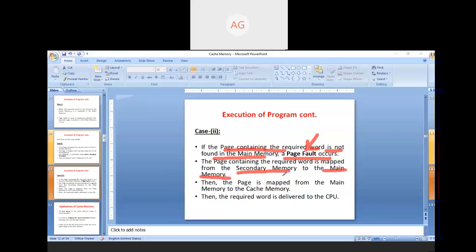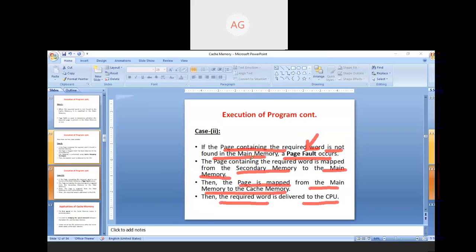If it is found in level 3, then it returns to the CPU for execution, and if it is not found in level 3, then we move to level 4 to find that word. Then the page is mapped from the main memory to the cache memory. Then the required word is delivered to the CPU.